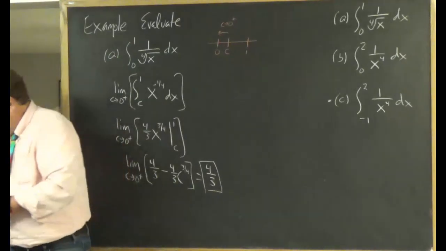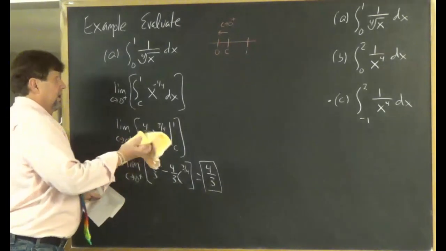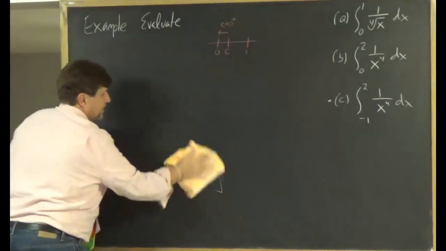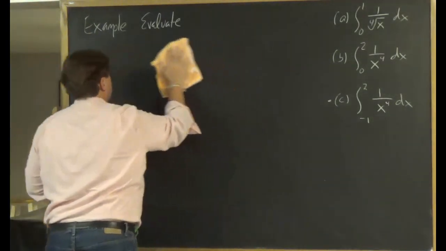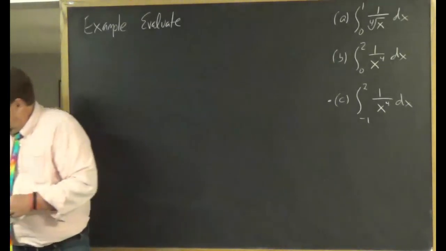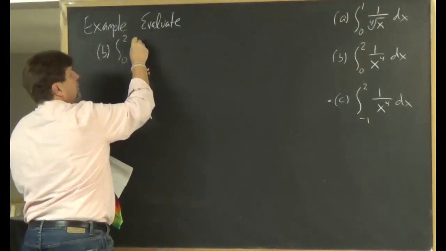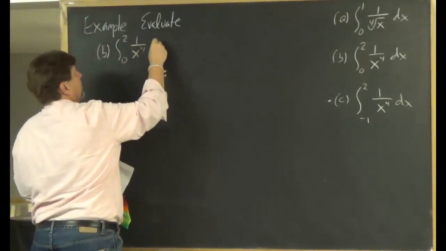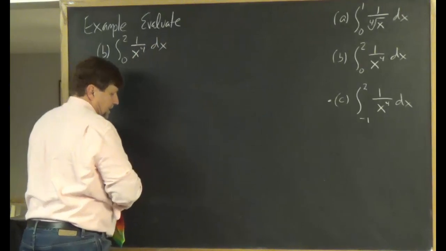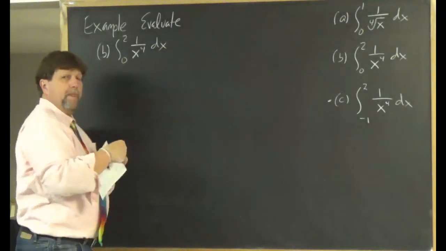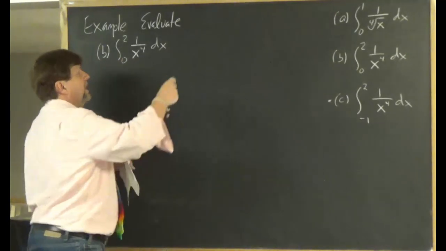So now part B, so let me erase this so I can do part B. In part B, we're integrating from 0 to 2, 1 over x to the 4th dx. Same thing, I have a problem at 0. That's where my infinite discontinuity is.